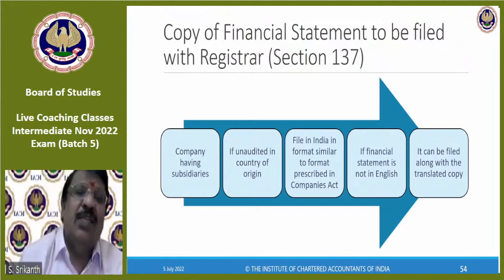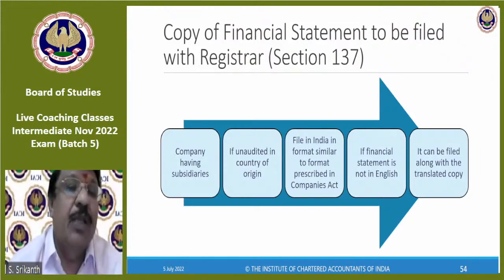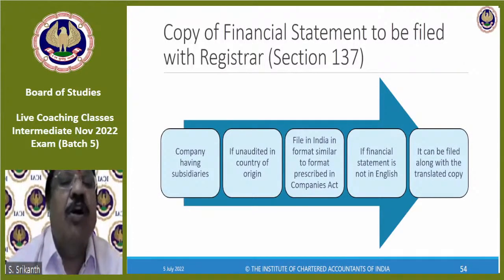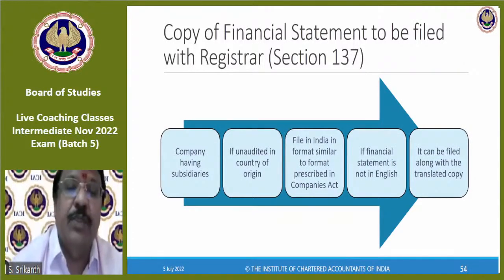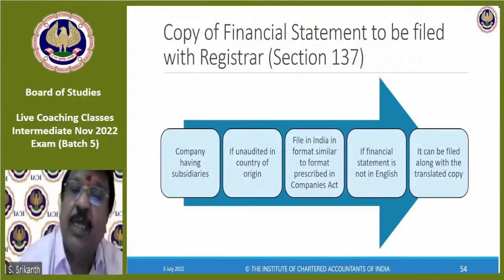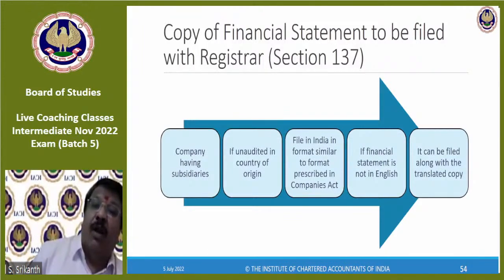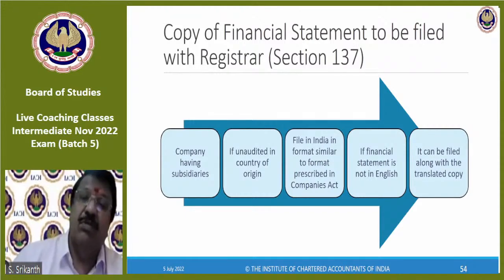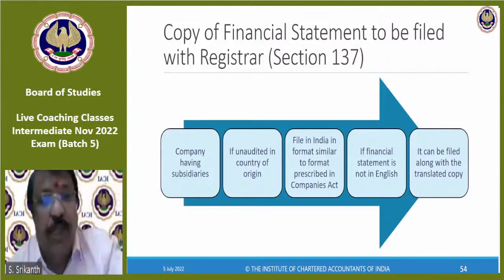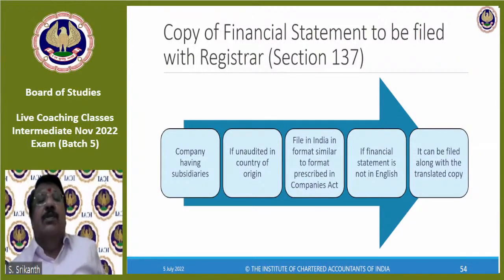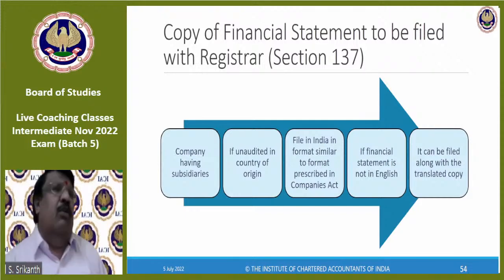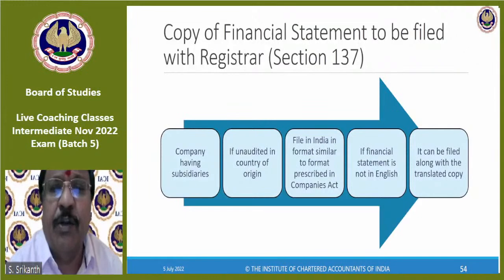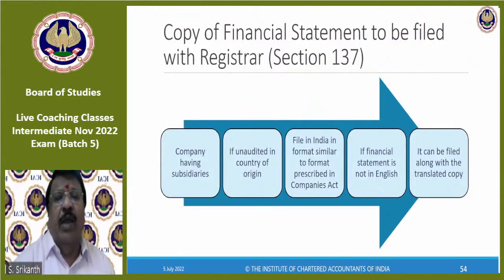The copy of the financial statement is to be filed with the registrar. See, for a company having subsidiaries, if the subsidiary is not audited in the country of origin, then for those subsidiaries you have to file in India in a format similar to the format prescribed in the Companies Act. That is Schedule 3. Suppose, for example, there could be a company in some Balkan state, we don't know, Moldavia, where there is no audit.